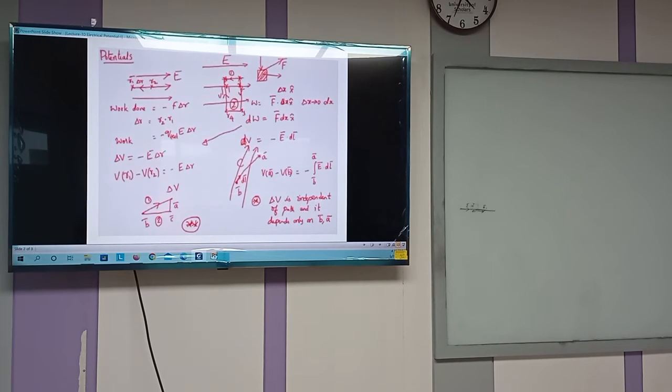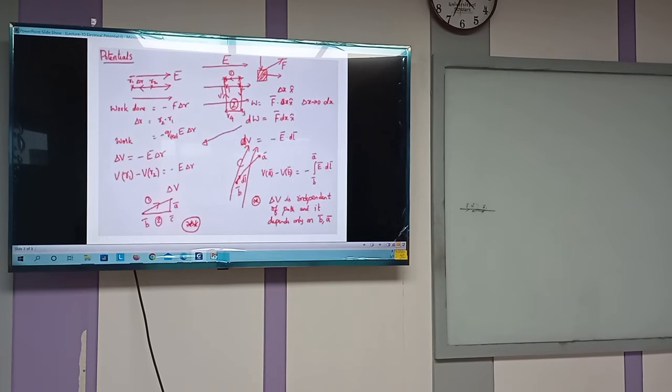If you recall, we had a uniform electric field in a given region of space, right? This electric field, over a small distance, at least we can consider it to be constant. For a small distance, let us consider the electric field to be constant.